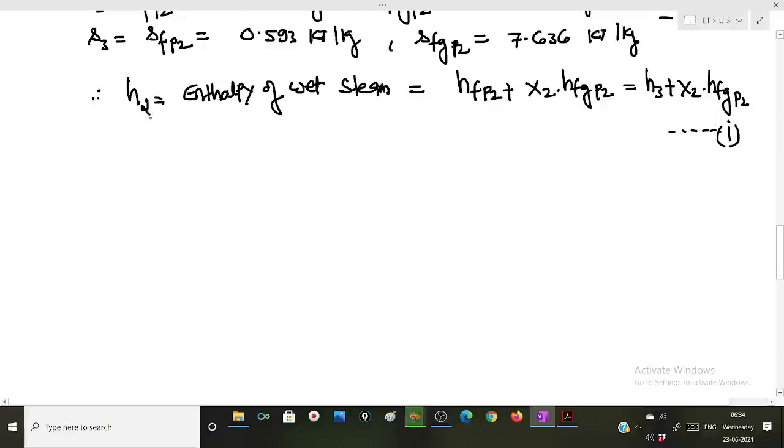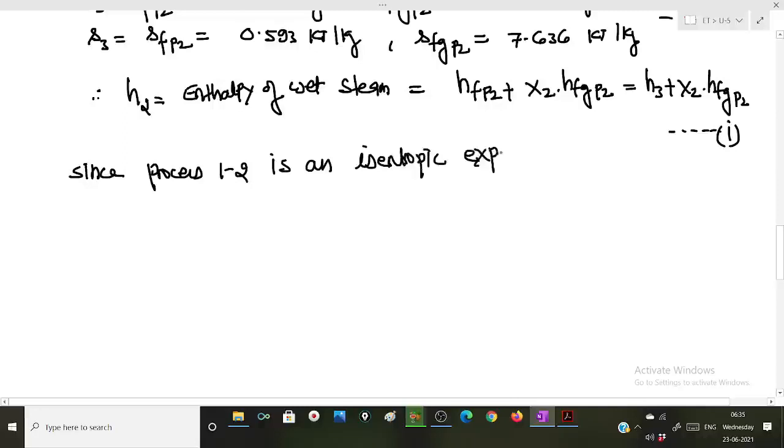So once again, in order to get the value of X2, I will be using the characteristics of process 1 to 2. So we know that process 1 to 2 is an isentropic expansion process in the turbine.